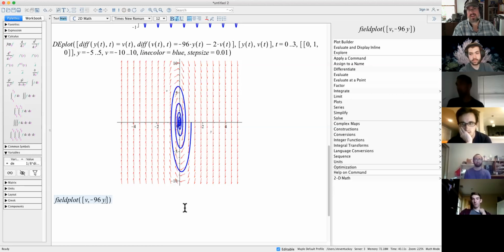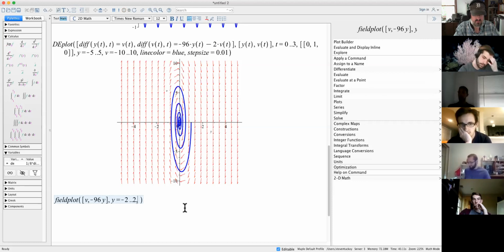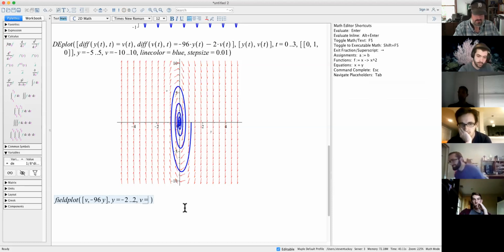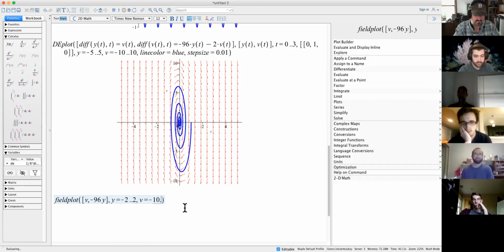Those are the right-hand sides for my field plot. Then after this, I need to let it know what my scale is for my graph. For the y values, the y-axis is going to go from, I don't know, -2 to 2, and the v-axis is going to go from, I don't know, -10 to 10.